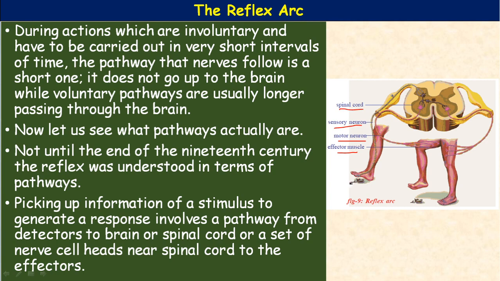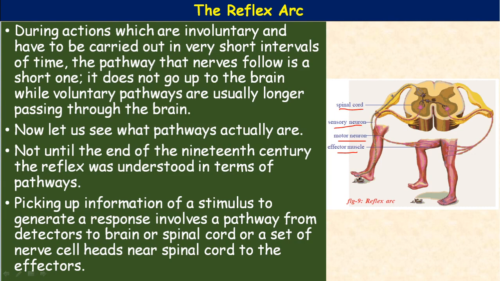The information first, for example, here in the reflex arc, the person accidentally puts his leg on a sharp nail. That pain is the stimulus. It is carried by the sensory neuron to the spinal cord, where the information is analyzed and the response is generated.